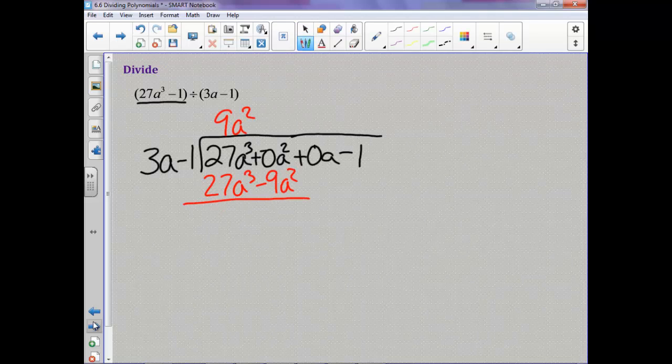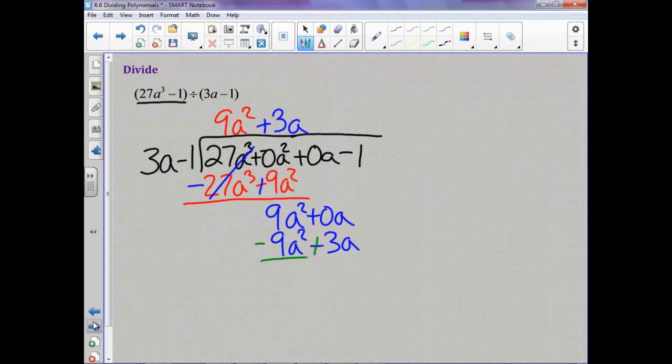When we subtract, and we'd have to multiply this by a positive 3a. Once again, subtract.